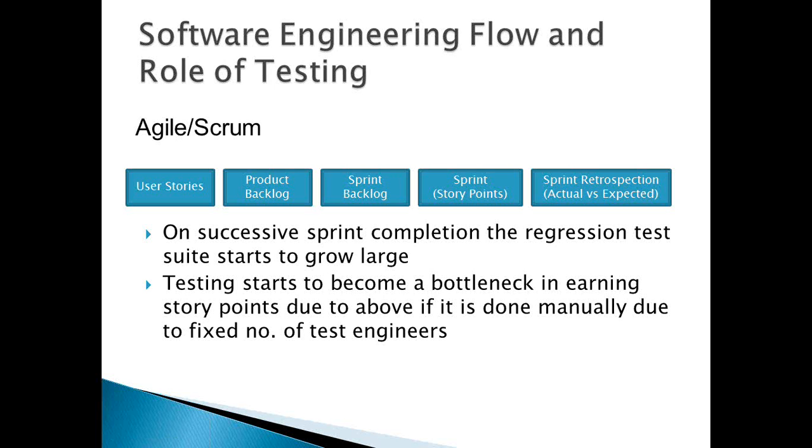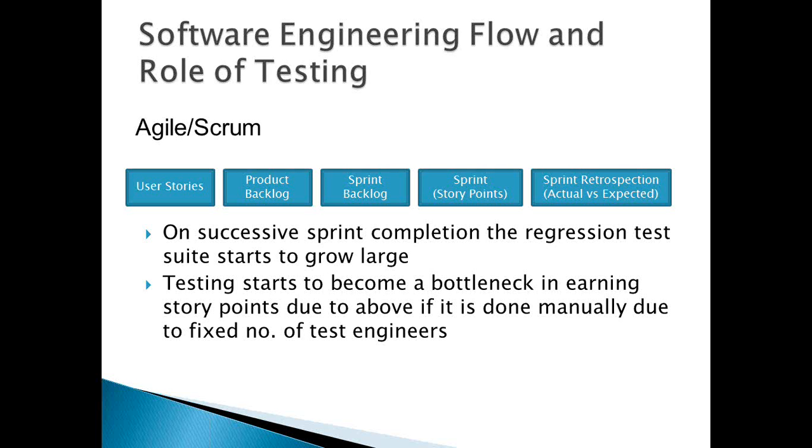As the sprint progresses, the previous stories which are developed need to be tested with respect to regression testing, and it is quite natural that the regression bucket will grow.